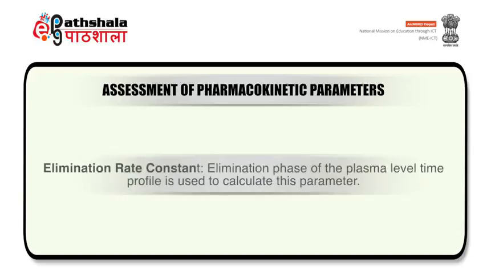In order to calculate Ke, that is the elimination rate constant, it can be calculated graphically by calculating the slope of the elimination part of the curve. Alternatively, elimination phase of the plasma level time profile is used to calculate this parameter.